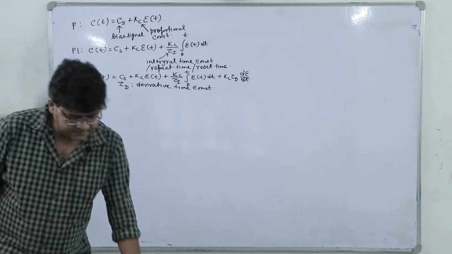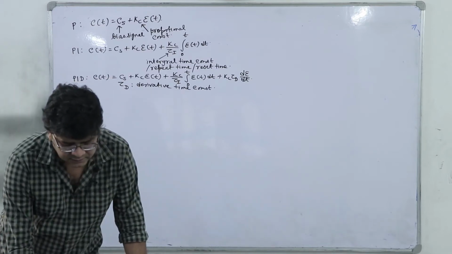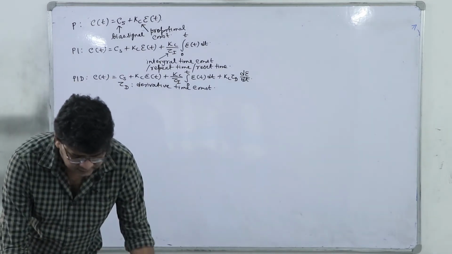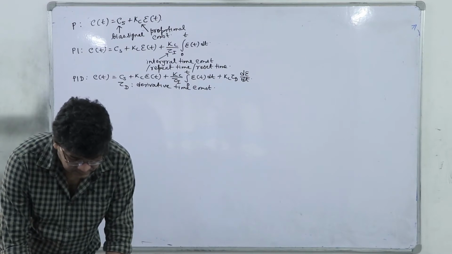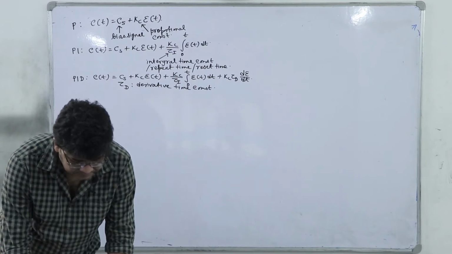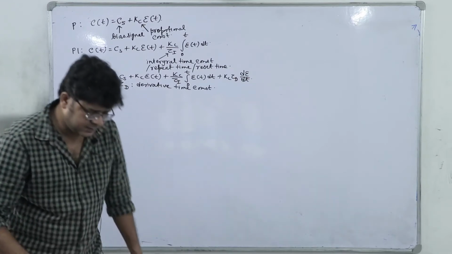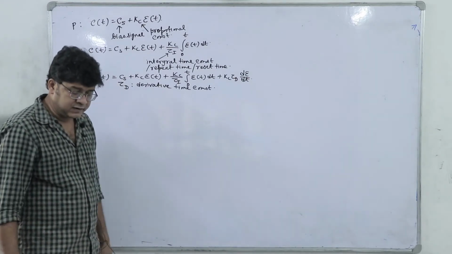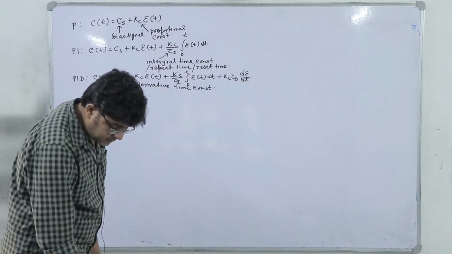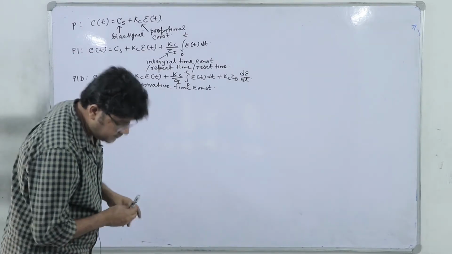But before that, let us solve a simple demonstrative example which will give you the idea of how the controller's output changes based on the type of the input.